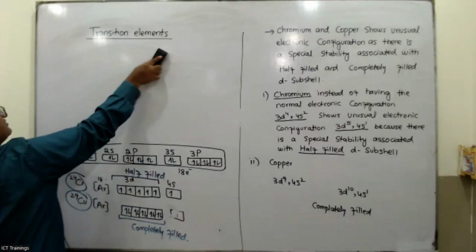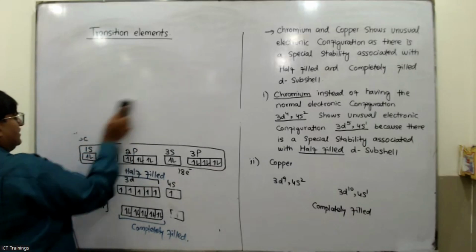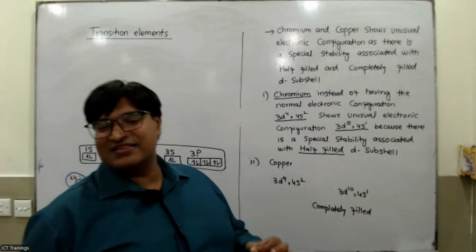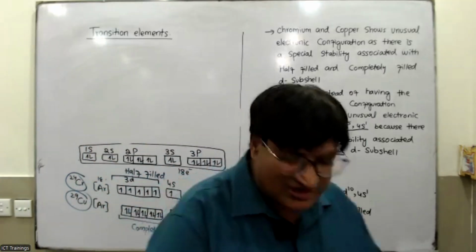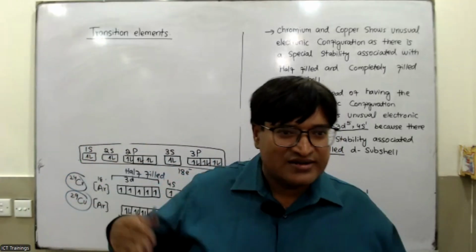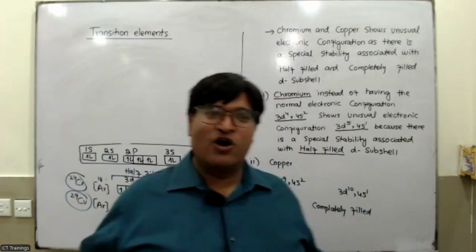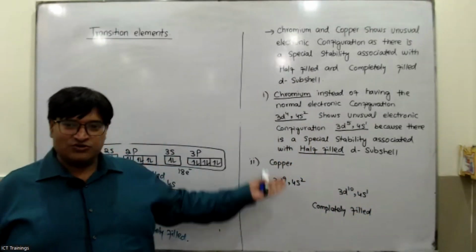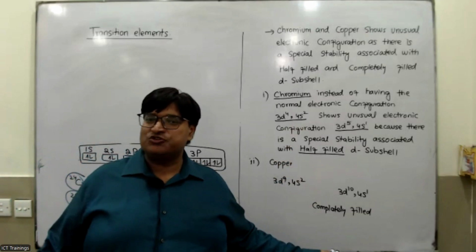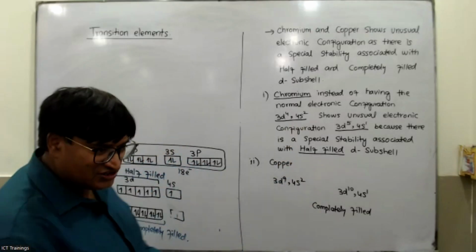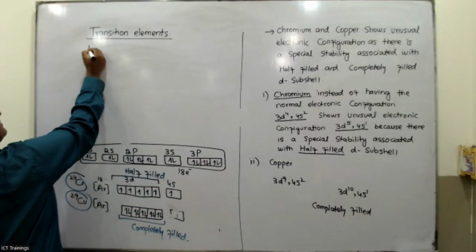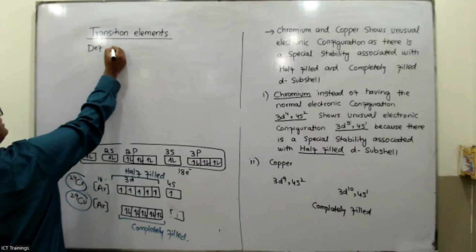Okay, guys, we have started with the chapter transition element, but I have not discussed even a single thing with you about the transition element. We started discussing the d block elements, making the electronic configuration, and then I told you that these two elements show unusual electronic configuration. Now come towards our main point. What is the transition element? Definition of transition element.